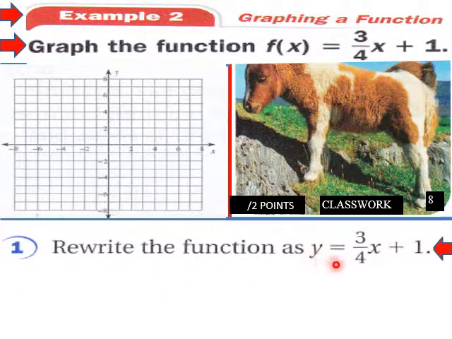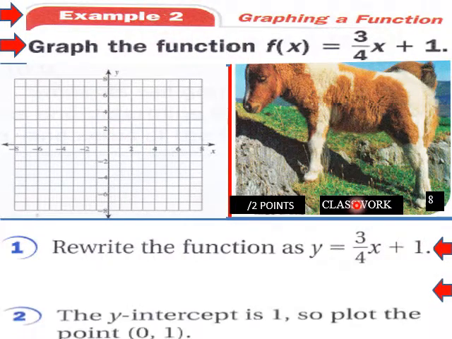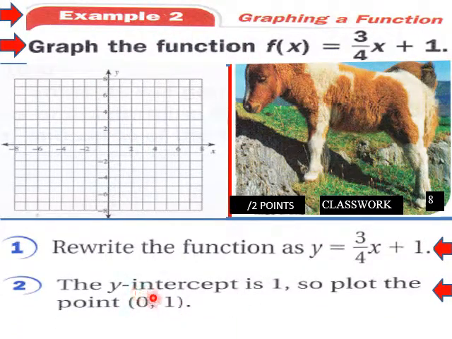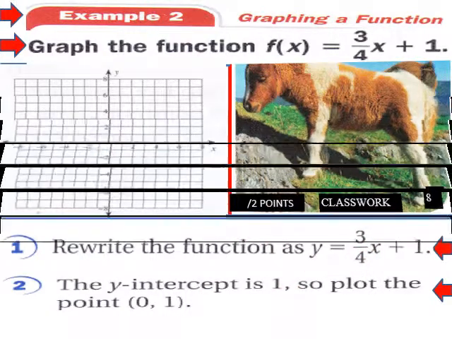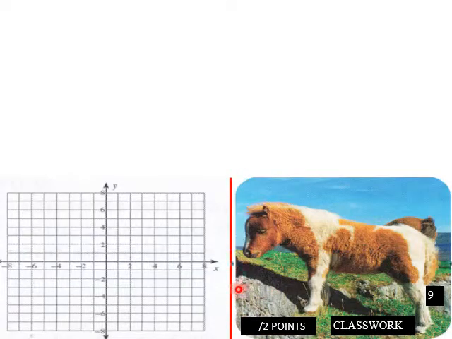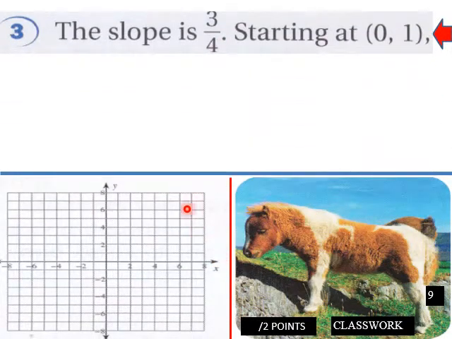Rewrite the function as y equals 3/4 x plus 1. So we're going to graph this here. The y-intercept is 1, so when x equals 0, y equals 1. That'll be your y-intercept. We know that point. We need one other point.